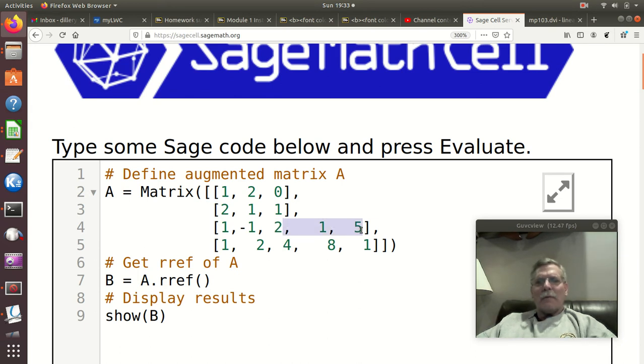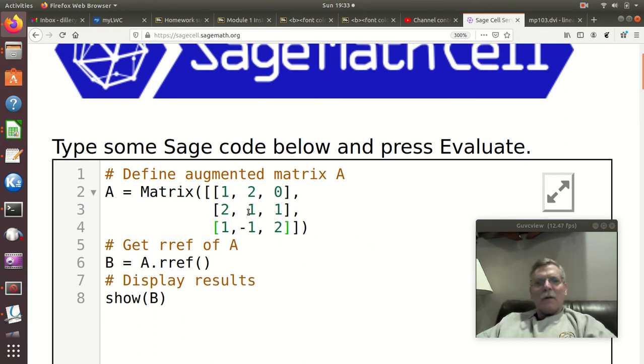Get rid of everything there. And then I have to be careful to get this right. So you see I have my 2 brackets there, and there's a bracket around each row, and then a bracket around the whole thing, and the parentheses there for that matrix.